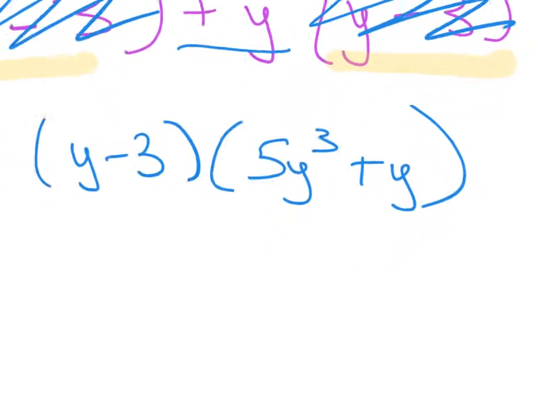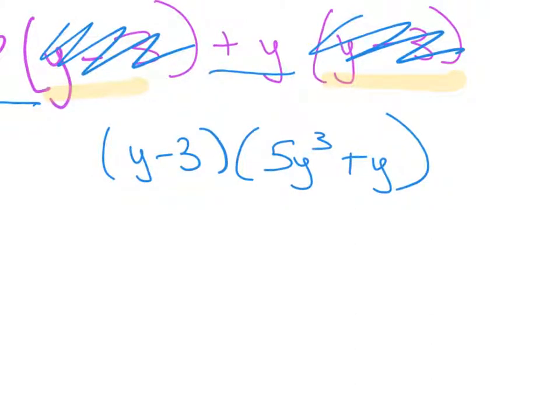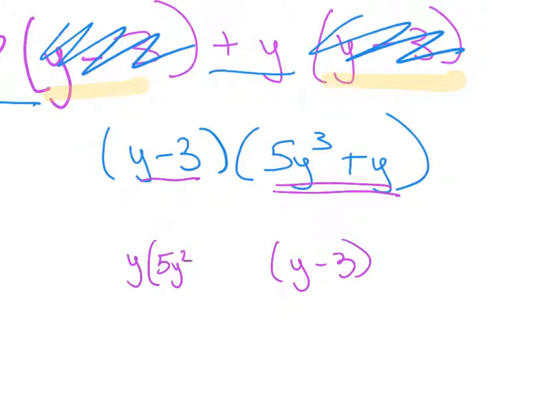Well, looking at this, hopefully you recognize that this 5y cubed and this y both still have a y that could be taken out. So I rewrite the y minus 3, because it's already simplified, and then I realize this little thing can actually factor out a y and leave me with 5y squared plus 1.